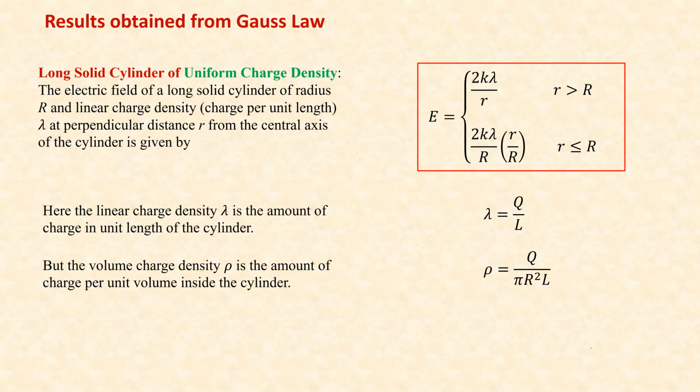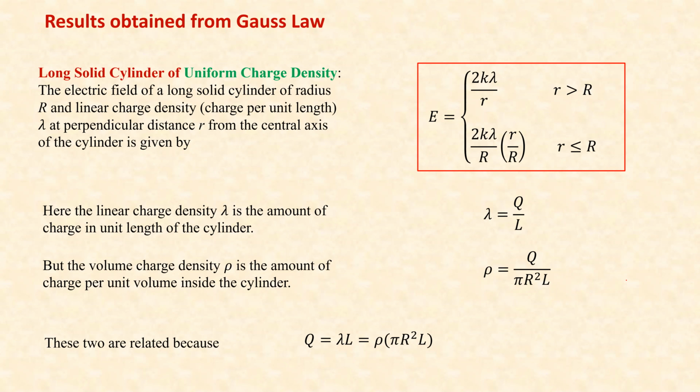You have a linear charge density lambda, but we have volume charge density here. In this case, it becomes the charge of length L of the cylinder divided by the volume of length L of the cylinder. And Q and lambda are related. Q should be equal to lambda L.